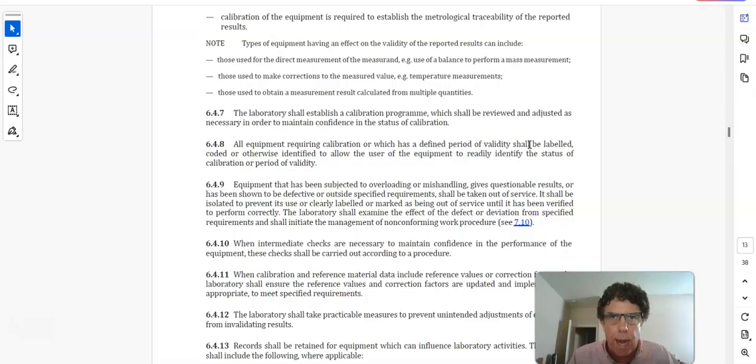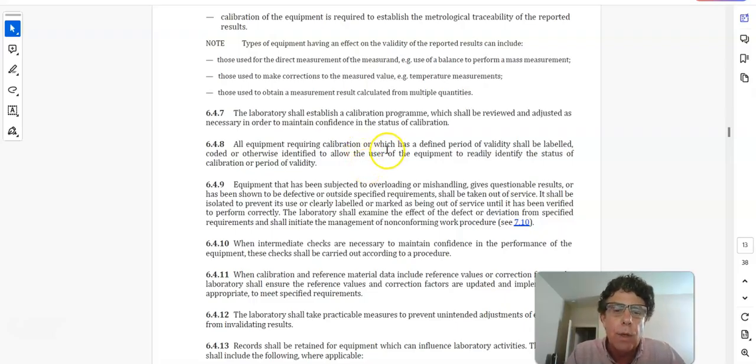Now, if that analyst is trained to review a logbook, to check before they proceed, to indicate that, yes, it has been calibrated, then a logbook is okay for documentation. Notice it doesn't say that the device has to be labeled.